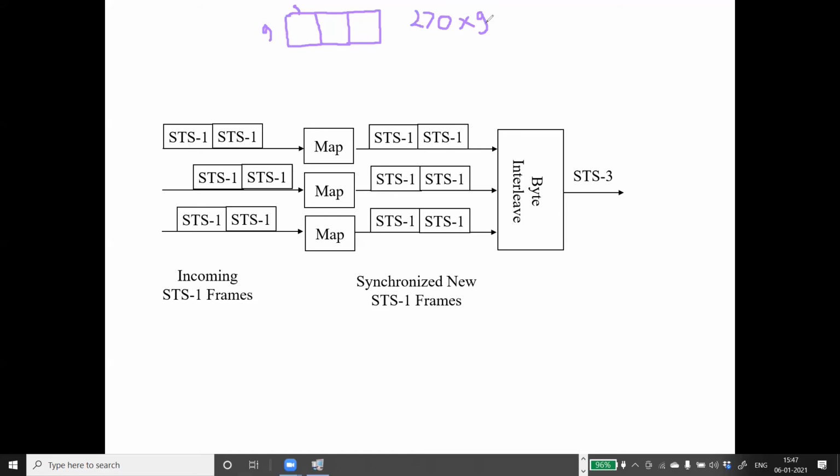Okay? Did you understand how your STS3 is formed? This is STS1, this is also STS1, and this is also STS1. All three are combined one next to the other, and then you form your STS3.